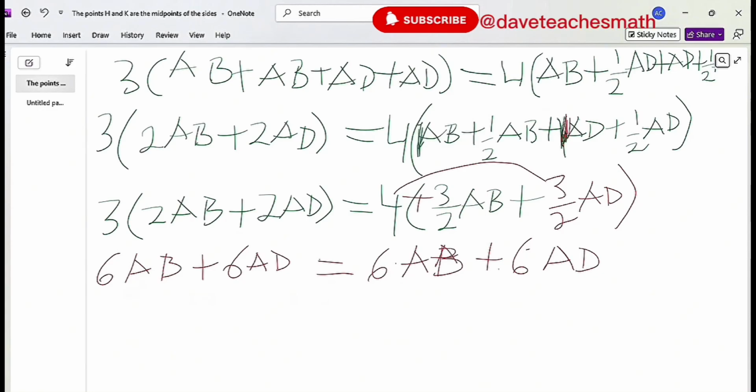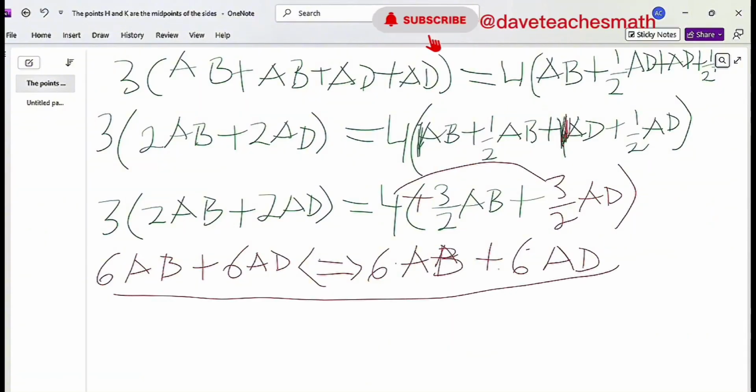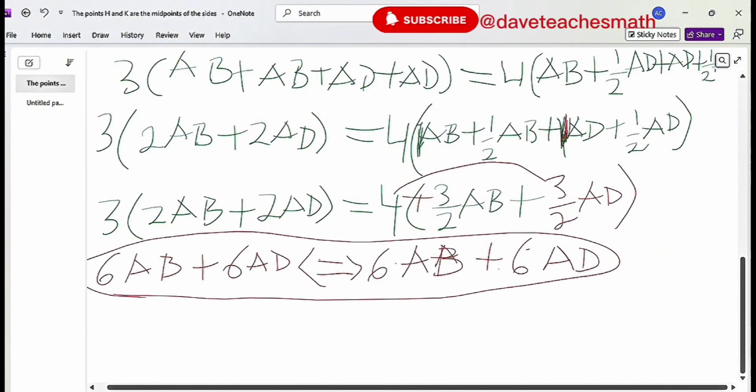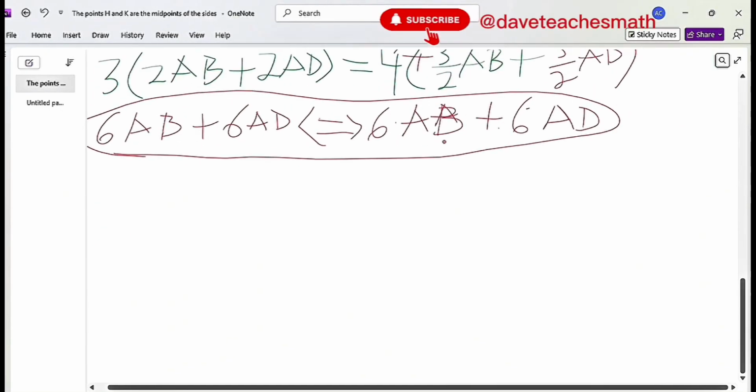Now you can see that the left hand side is equal to the right hand side. By this establishment, we've proven our equation that the left hand side is equal to the right hand side.